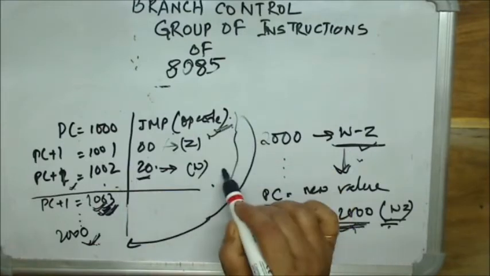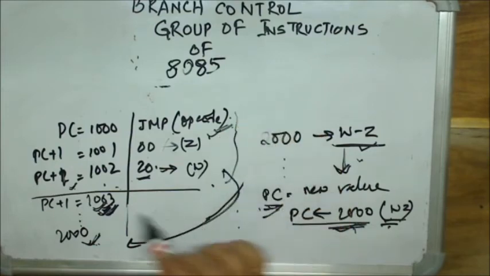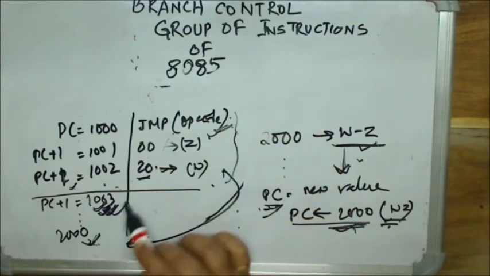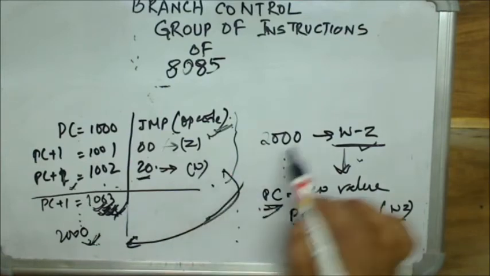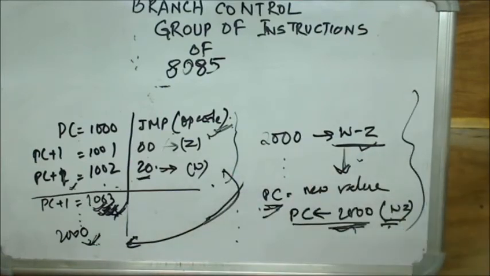The next instruction will be fetched from 2008, not from 1003, because this is a jump instruction. So this is how the whole execution of the instruction takes place. I hope this is clear.